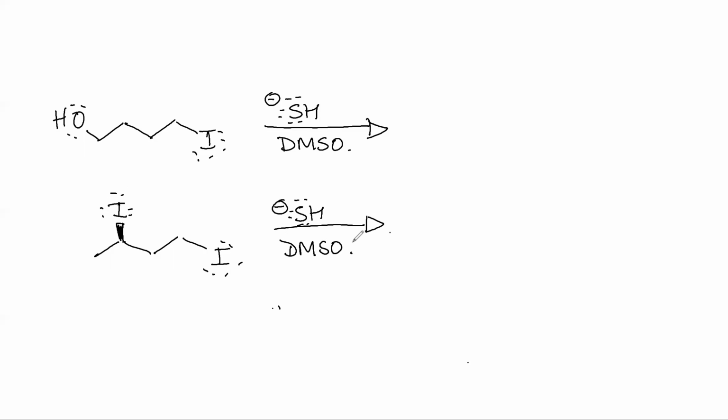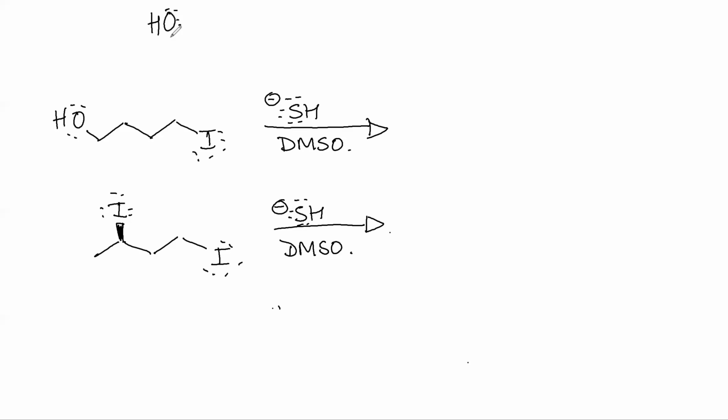Okay, so in this first example, what's a better leaving group? Hydroxide or iodide? Right, so hydroxide is one of those things which is a terrible leaving group, right?